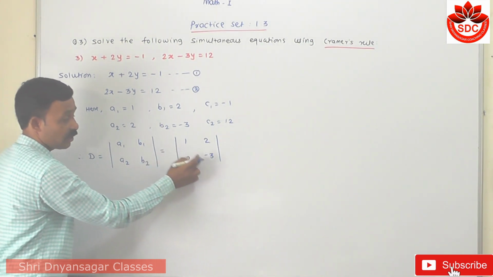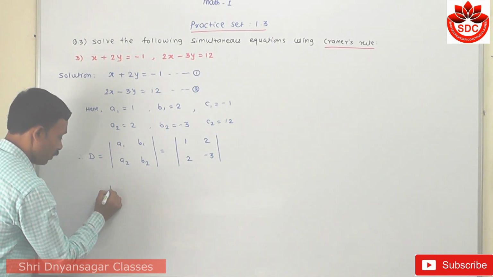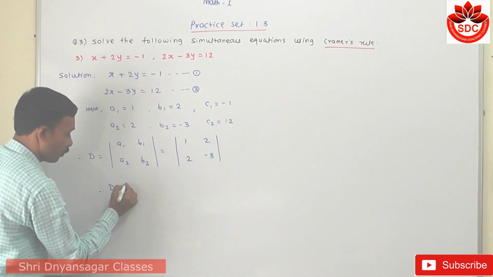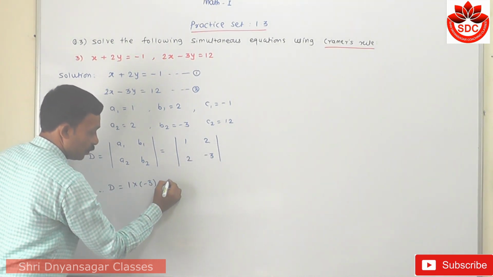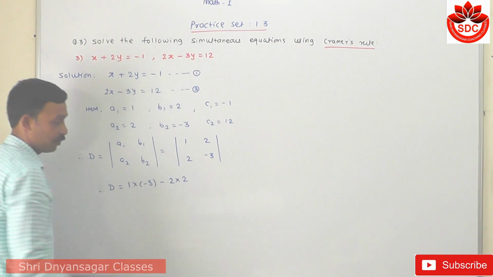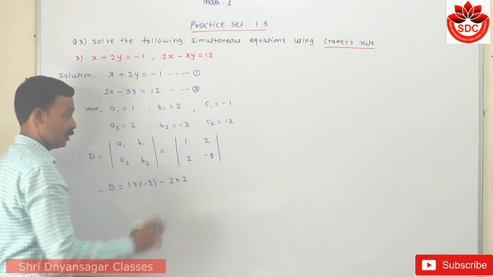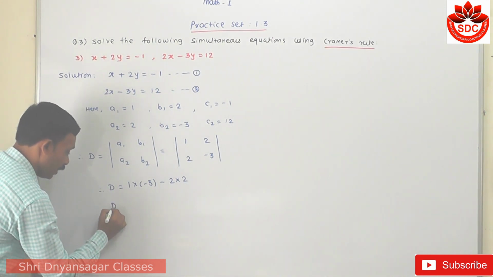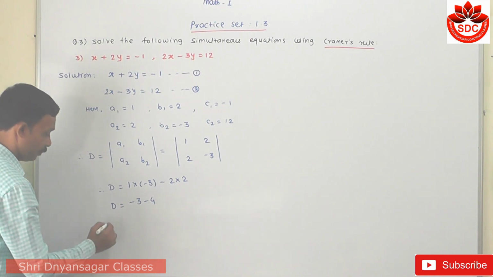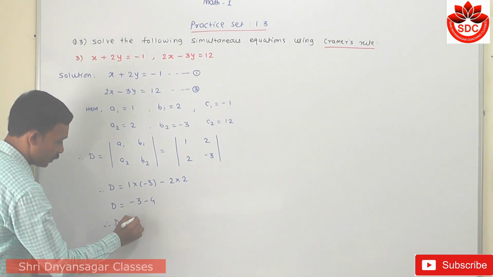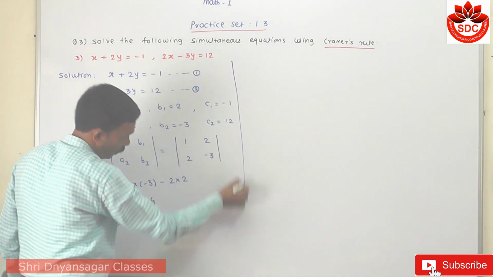First, always take this cross product, and we have to subtract this cross product, so the value of determinant D is 1 into minus 3 minus 2 into 2. That means a into d minus b into c. Then the product of it is minus 3, and 2 twos are 4. Therefore, D is equal to, addition becomes, minus 7. This is the value of D.